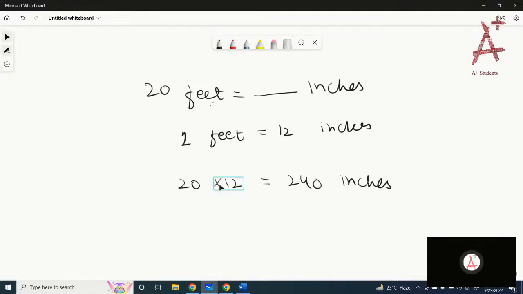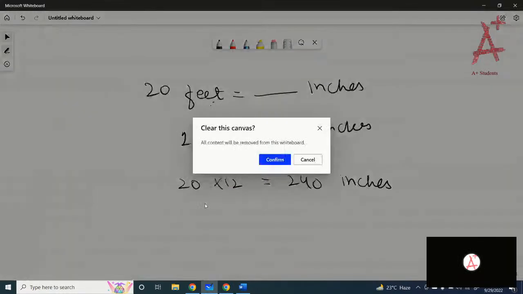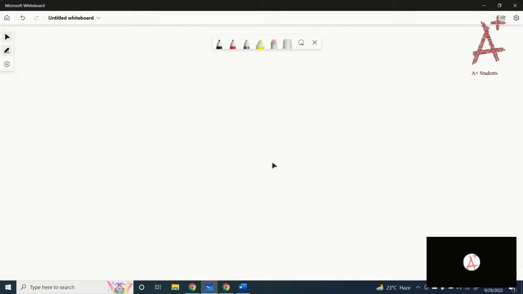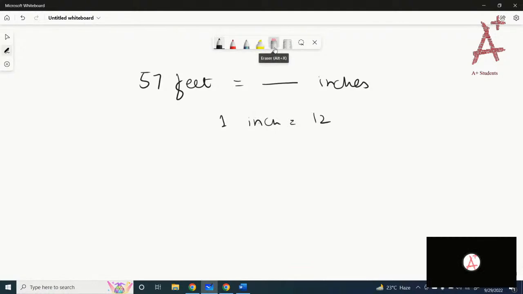Okay, the next one is 57 feet equals how many inches? Okay, in 1 foot you have 12 inches.